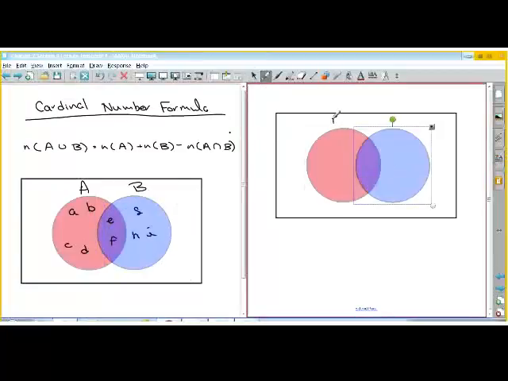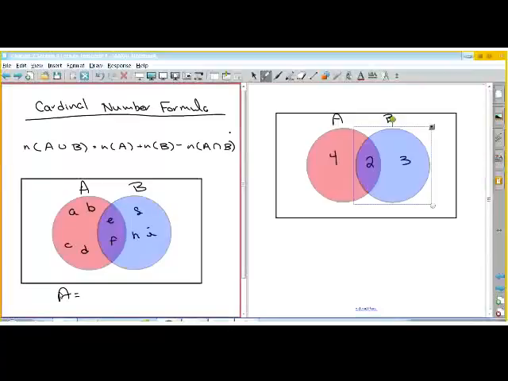So there's my same diagram. This is still set A. This is still set B. What I would say is that there's 2 elements that are in the intersection, E and F. There are 4 elements that are in A but not in B. So A, B, C, and D are in set A but not in set B. And then I have G, H, and I. So there are 3 of those.